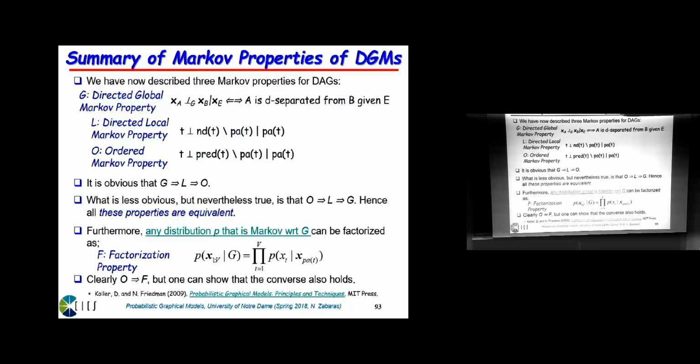If you take one, you can derive the other two. Also you can show that all three lead to the same factorization of the joint distribution in the graph, which is the relation that you see on the bottom.